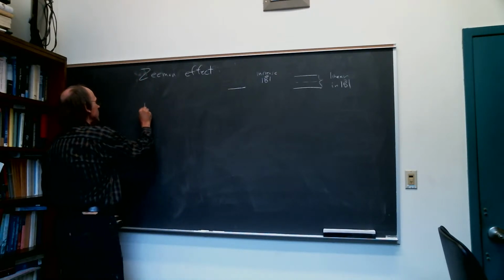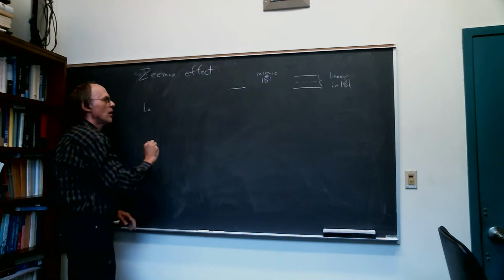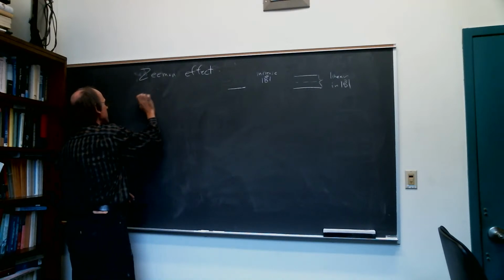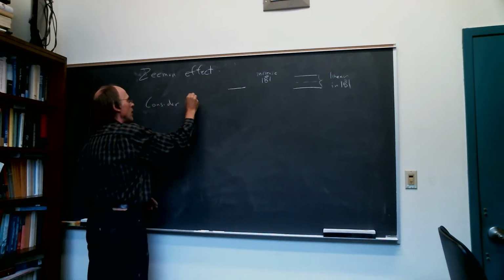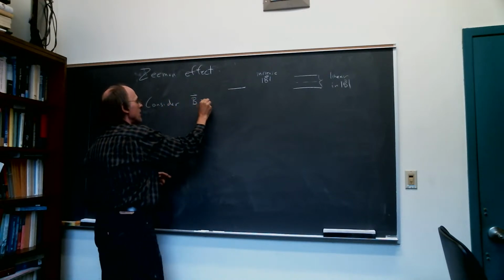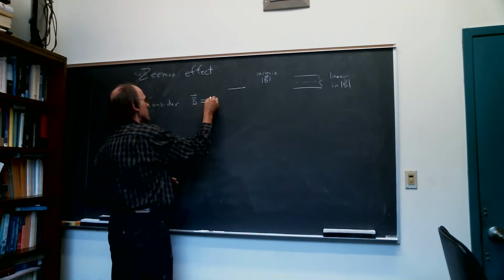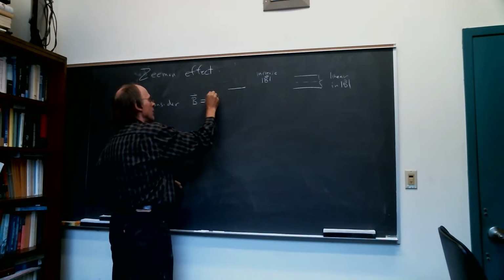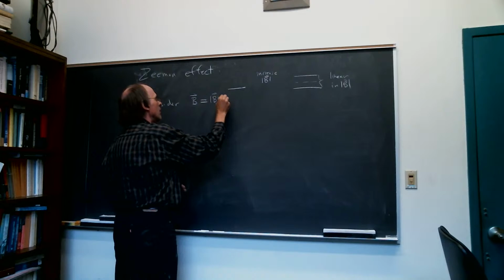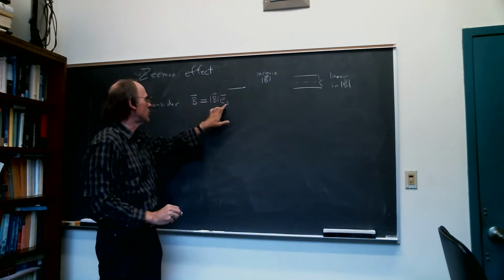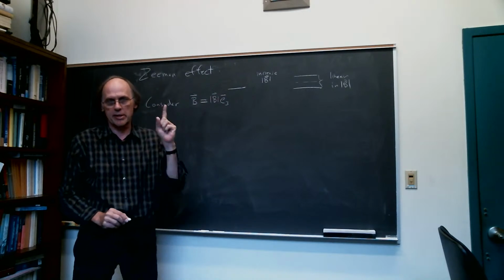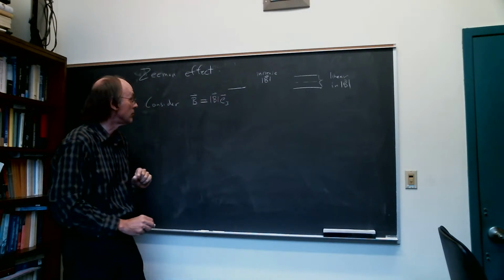Let's consider B vector in the direction of vector E3. In other words, let's choose the 3 direction, or the Z direction, to be the direction of the magnetic field.